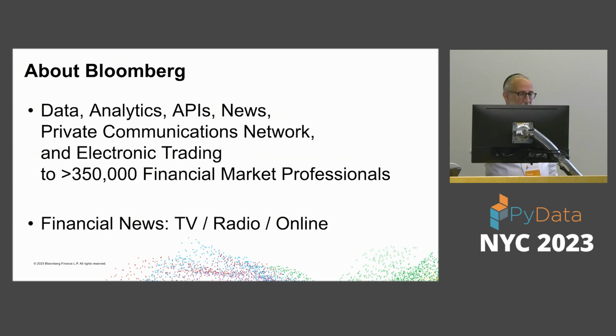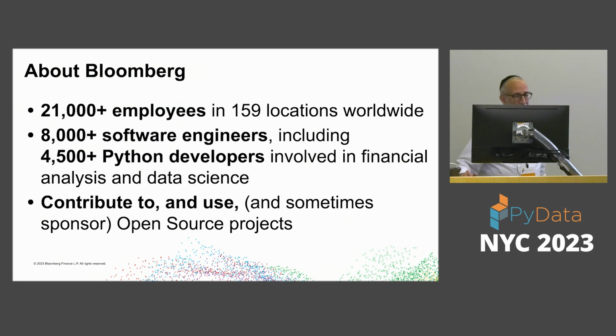A little bit about the company I work for, Bloomberg. We provide all these services to a little more than 350,000 financial market professionals, and we provide financial news to the public via television, radio, and online. We have over 21,000 employees. Over 8,000 of them are software engineers. So that's literally more than a third of the company, very engineering centric.